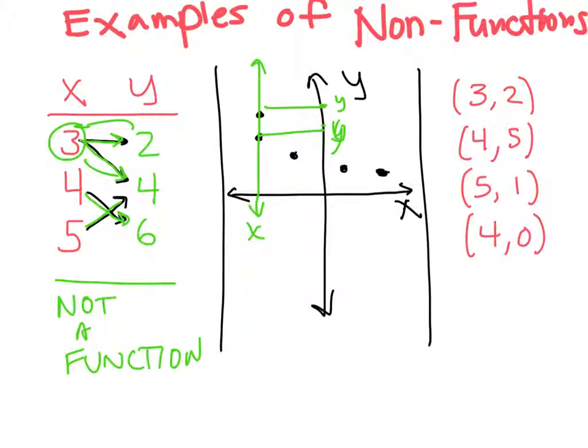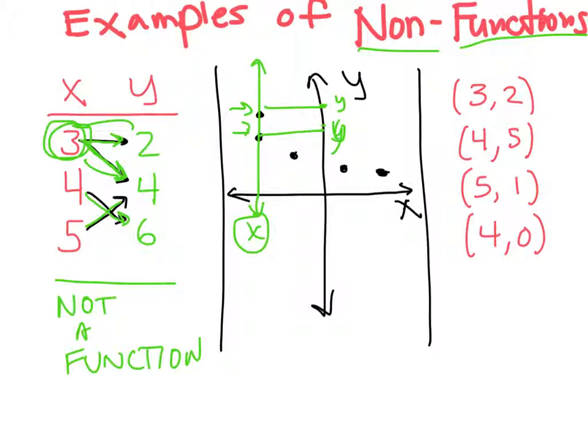And that means that just like over here in the mapping diagram, I've got one x that's connected to 2 y's, so that if I put in 3 cups of flour in my bread machine, I might get 2 loaves of bread, or I might get 4 loaves of bread. Here, if I ask what happens if x is my input, I get 2 different answers. So this is not a function.